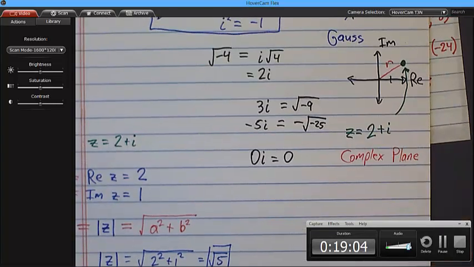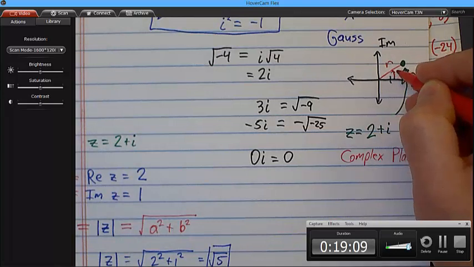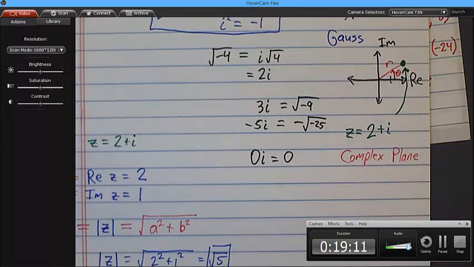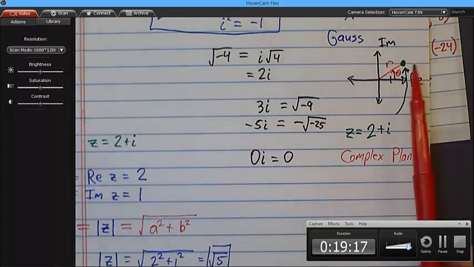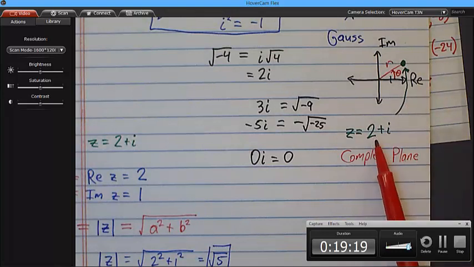Do you guys see the theta I'm talking about? This rotation right there. Theta. Since you guys just did polar coordinates, that's why I can actually talk about this stuff. We can write this as 2 plus i, but we can also talk about its polar form. Square root of 5. And then how do I get that theta?